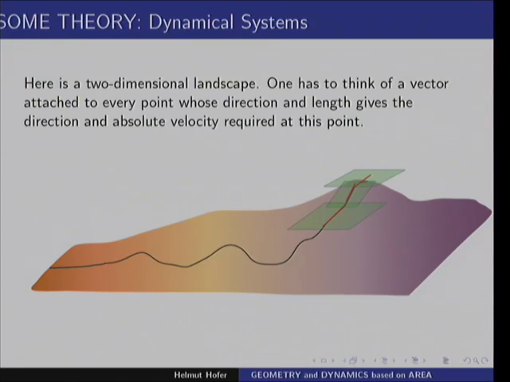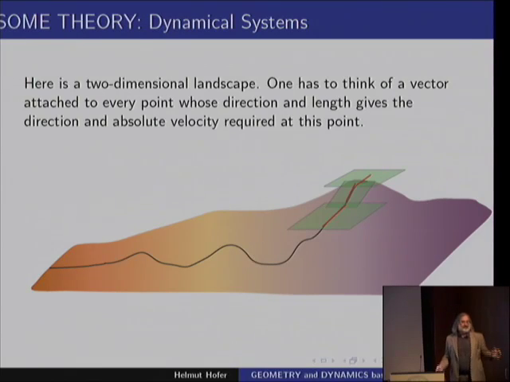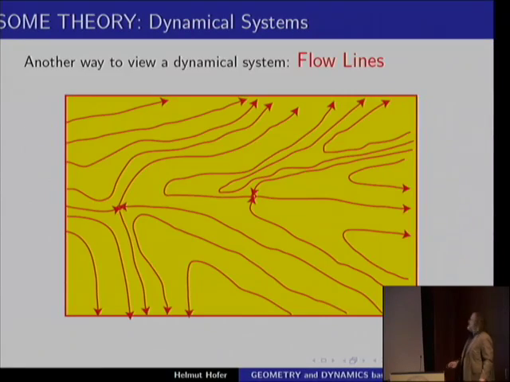So that is how we could think of describing a physical system. We have a landscape of states. The physical law attaches an arrow to each of the states and says, state, move in this direction with this speed. And then, given a state, we can follow a line which is called the flow line.